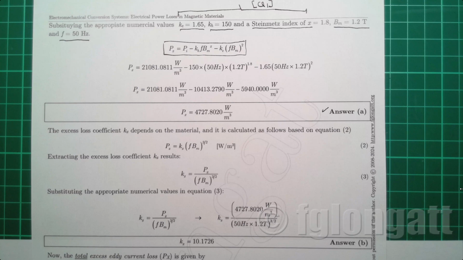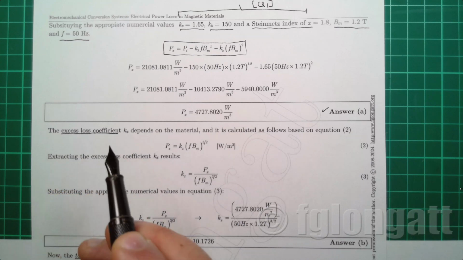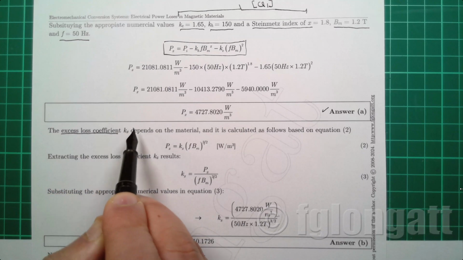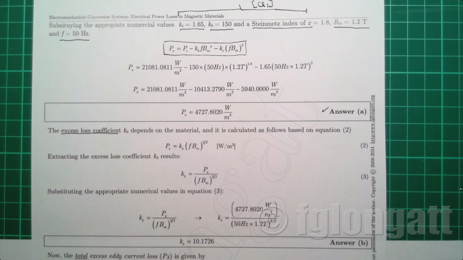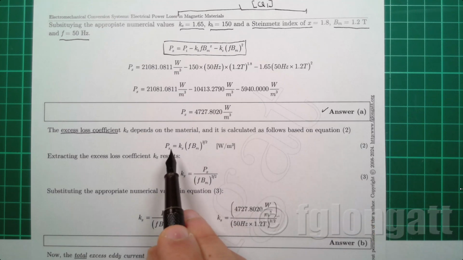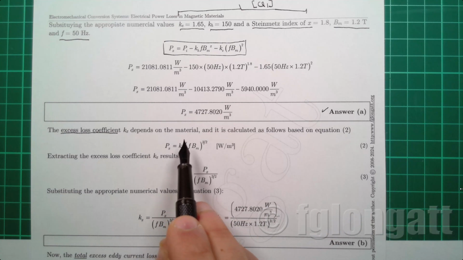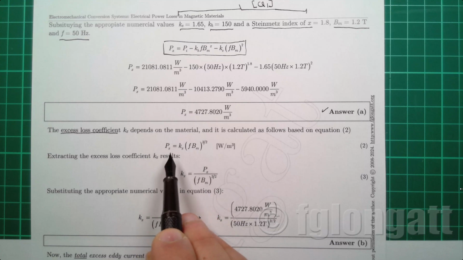The next step is very simple, because we have been asked about the excess loss coefficient. The excess loss coefficient, Kx, is a constant that depends on the material. We can use equation number 2, which relates Kx, the excess loss coefficient that we are looking for, to the operating conditions, in this case frequency and maximum magnetic density, and also the losses.